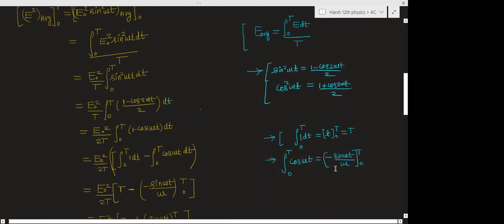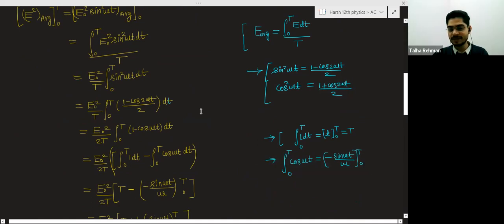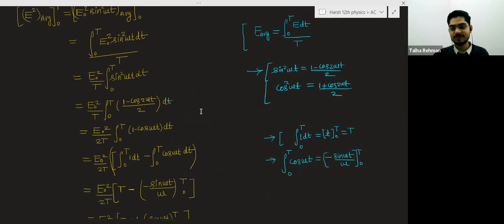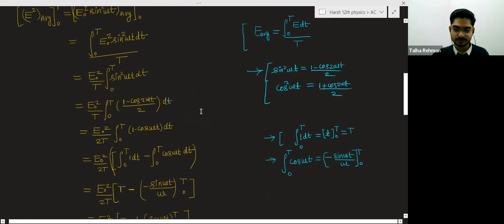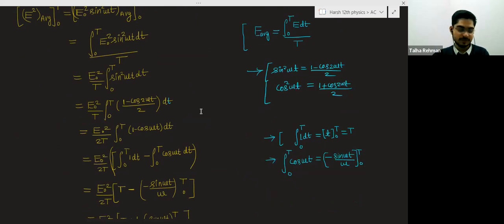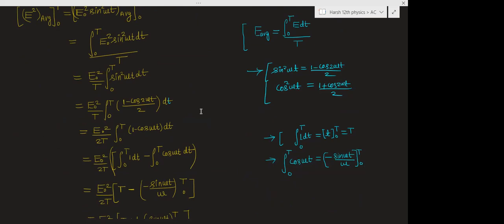So many things are there in one derivation. Now I will tell you one shortcut. We can do this derivation in 30 seconds also.